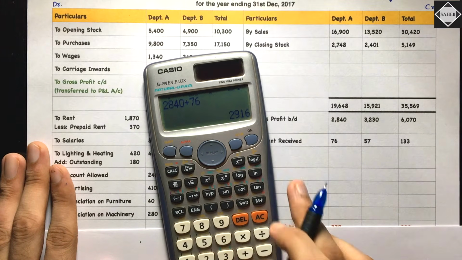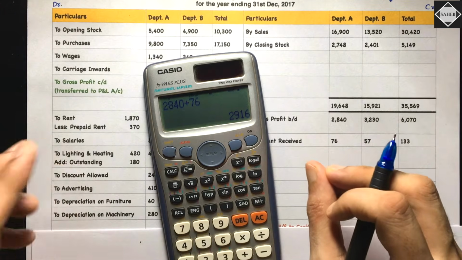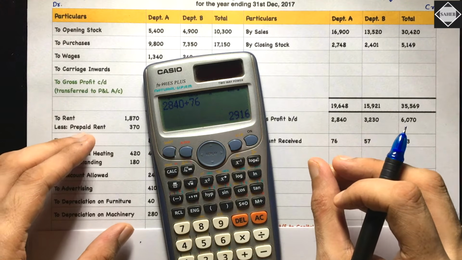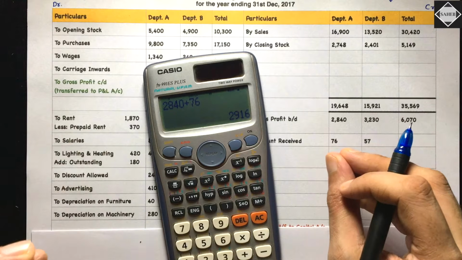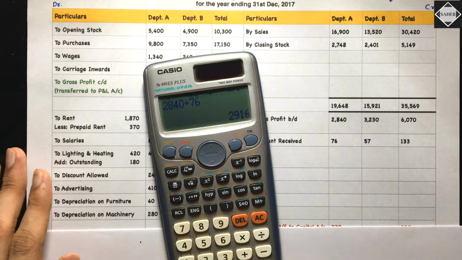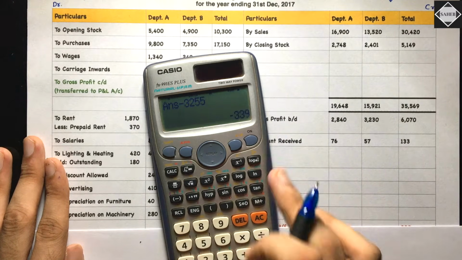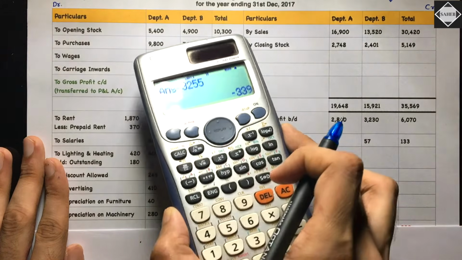You see, the incomes are less than the expenses in profit and loss. Expenses are more. So that means we have a net loss in department A. How much net loss? 2916 minus 3255, that is equal to 339.